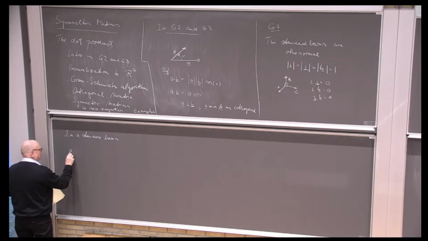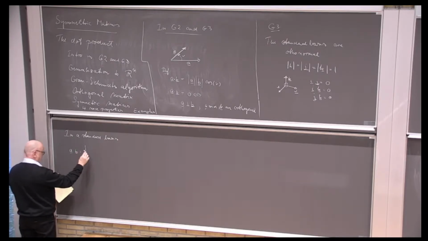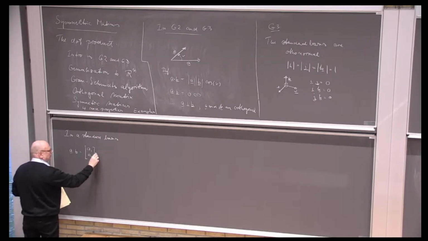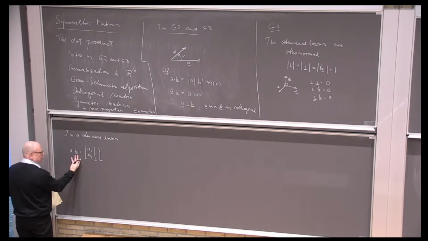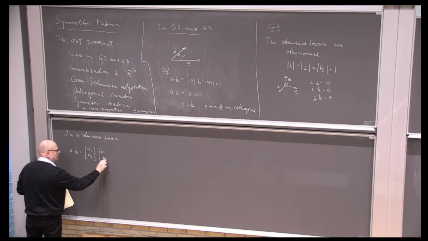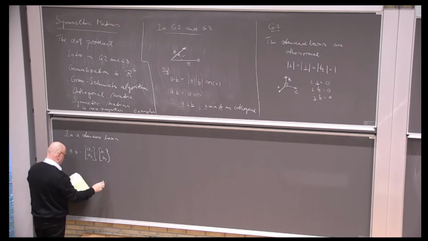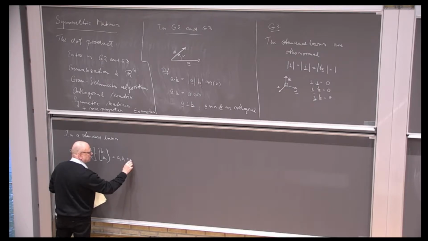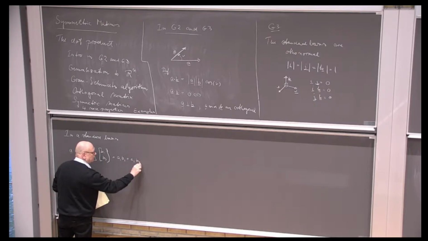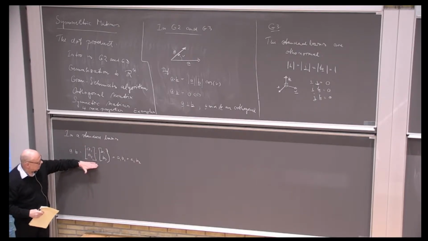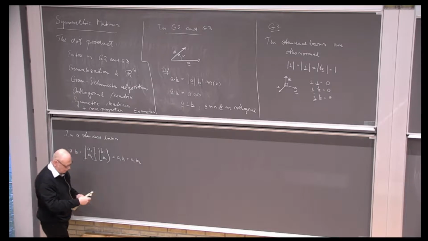I have A, and now I have coordinates, say A1, A2 for the A vector, and I dot this with the coordinates for the B vector, that is B1, B2, and this is equal to A1 B1 plus A2 B2. And if it was in space, then you have a third coordinate, and you will just have one term more here.